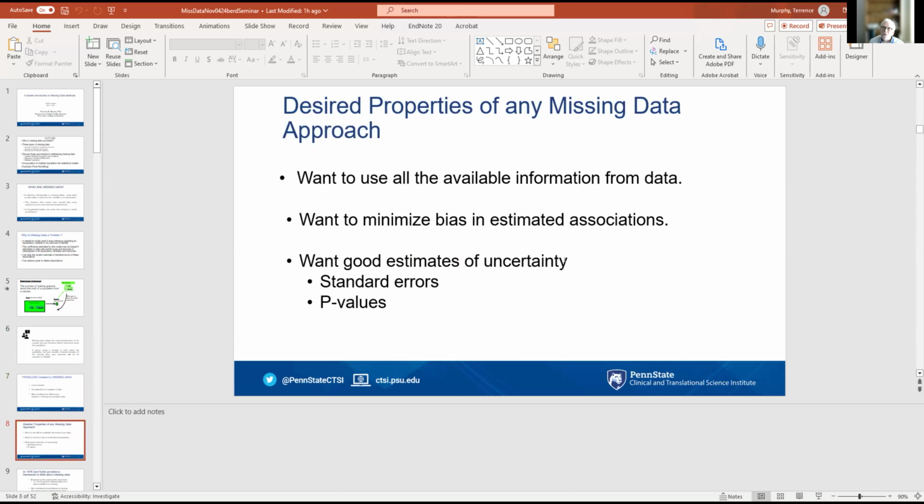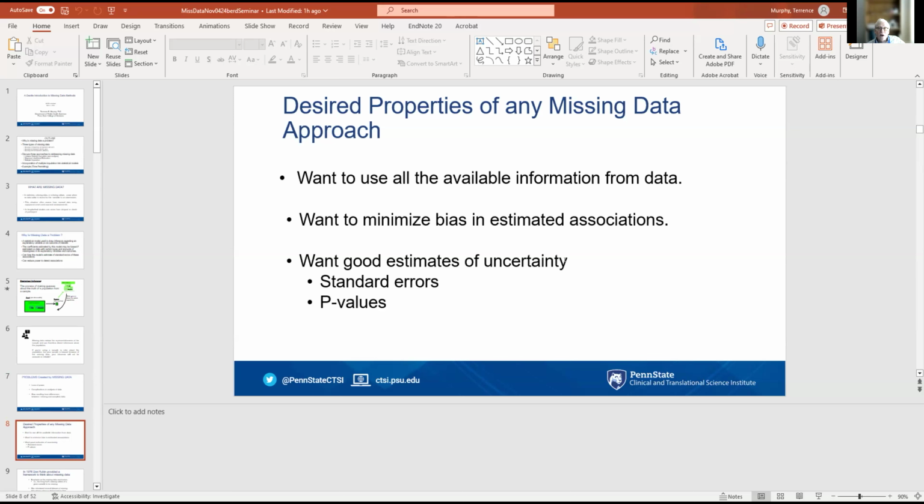So if we want to do something about missing data, we start off thinking, what would be the most important characteristics of an approach to deal with missing data? First of all, we would want to use all the information that we can get out of the data at hand. We would also want to minimize the bias of these estimated associations.